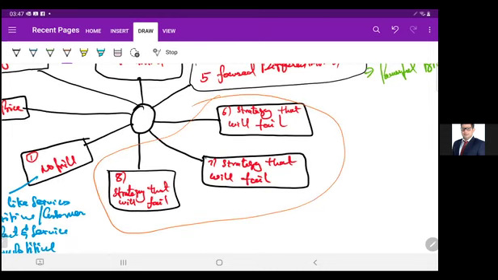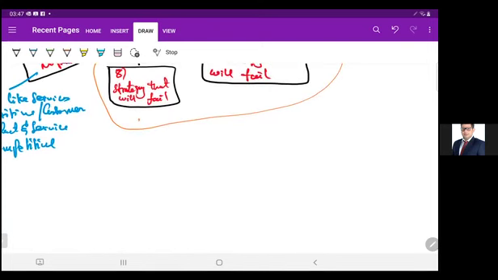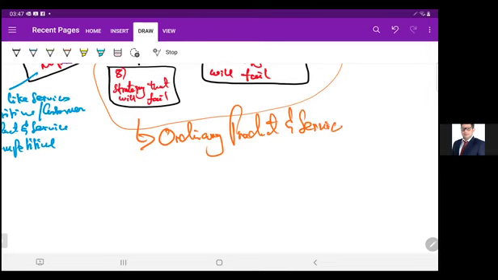Now, as far as the last three strategies are concerned, as you can see over here, 6, 7, and 8. These are the failed strategies. Now what's the reason for these? Because these are the ordinary products and services, right? And they are offered at high prices.